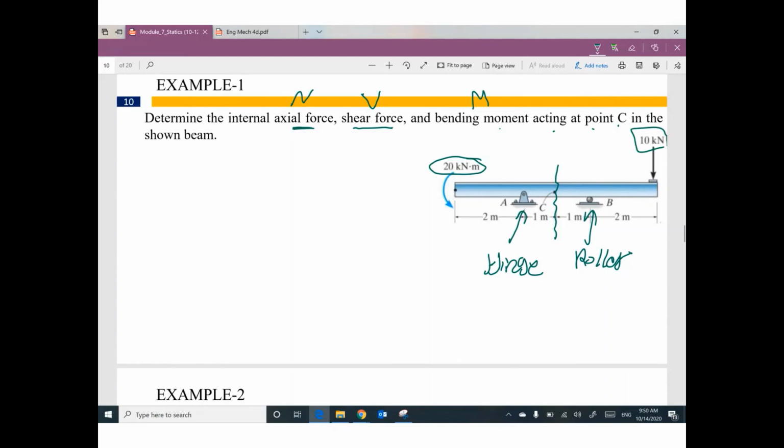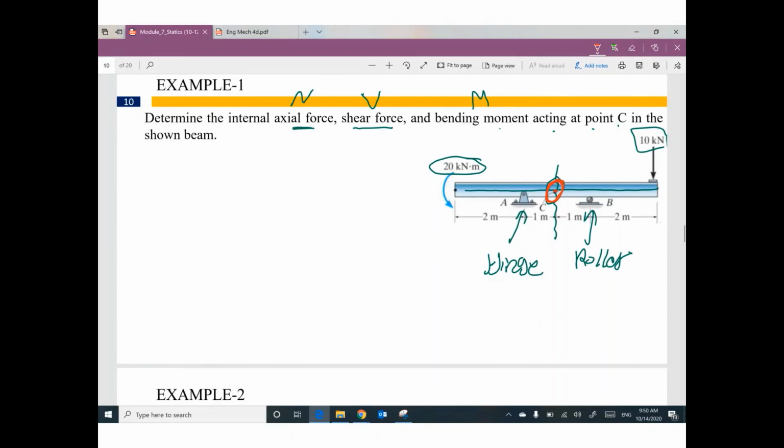We believe that we have internal forces in this beam, but we are looking only for the internal forces at this location. So we can expect normal or axial force, shear force, and bending moment inside this beam at this location.